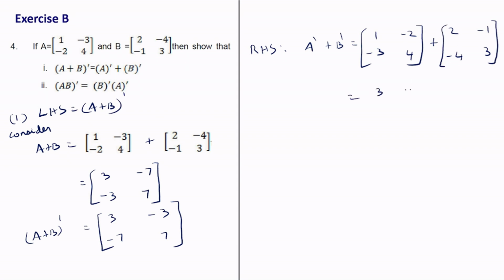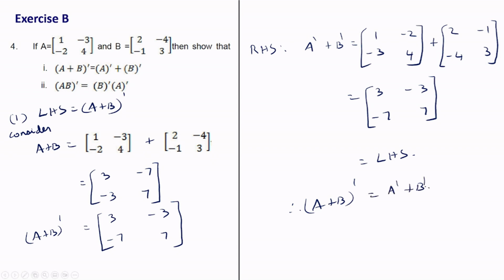So this is 3, minus 7, 7. So this is equal to the left hand side. Therefore, A plus B the whole transpose is equal to A transpose plus B transpose.